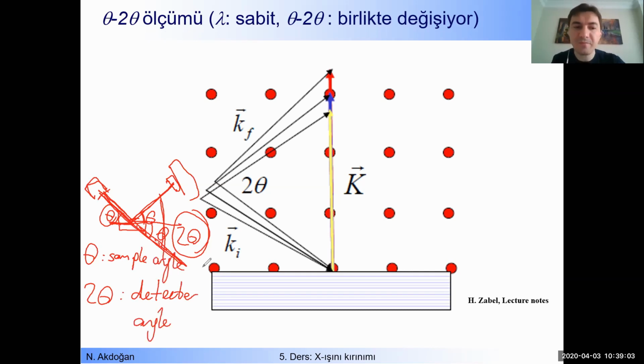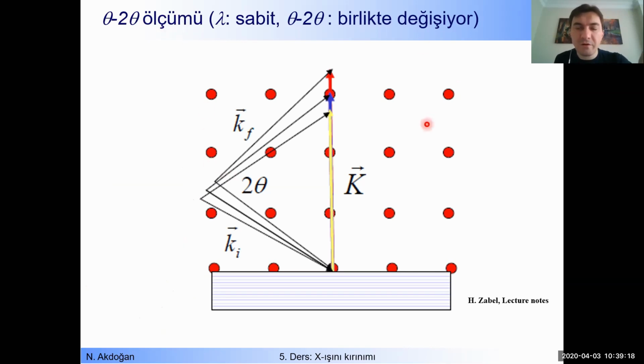Okay, so theta 2theta scan or theta 2theta measurement here is also known as sample detector scan, something like this. This is widely used in X-ray diffraction experiments, especially in thin films.